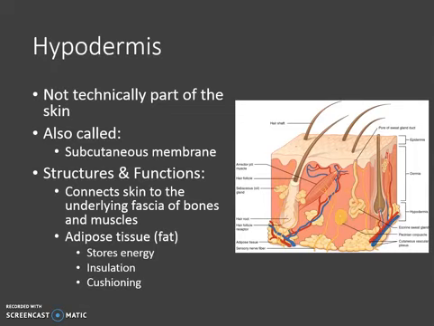And that fat helps to store energy. It provides insulation against heat loss, and it also provides some cushioning for when you're sitting down or if you bump into something. That adipose tissue helps to almost act kind of like an airbag in order to keep that mechanical stress from affecting deeper structures.